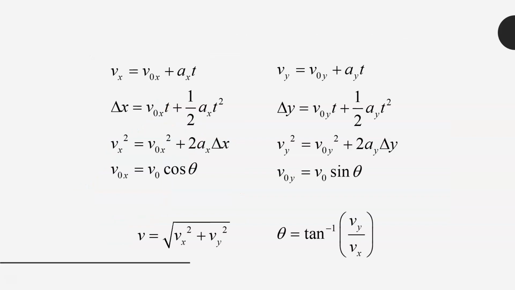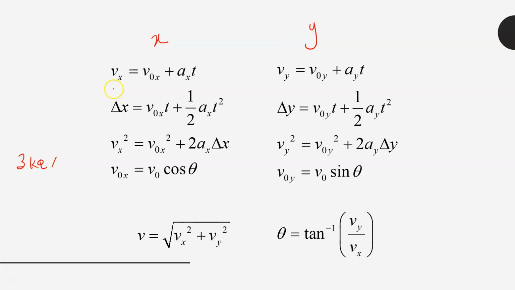Our equations for motion with constant acceleration in one dimension carry over to the two-dimensional case. In the second video, we derived our three kinematic equations. Then we bring them over here in two dimensions, and as you can see, there is one set of these 3 equations for each direction, the x-axis and also the y-axis.